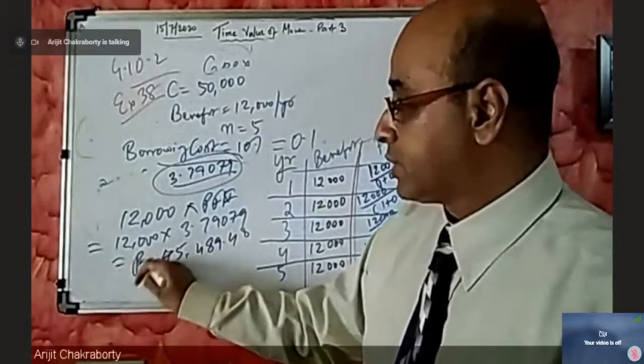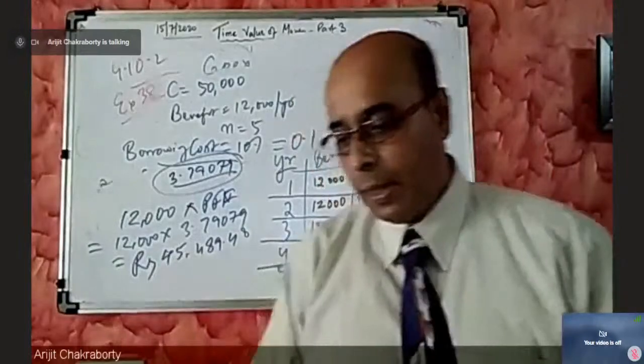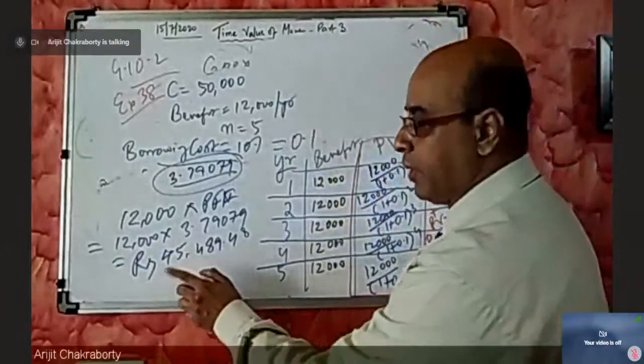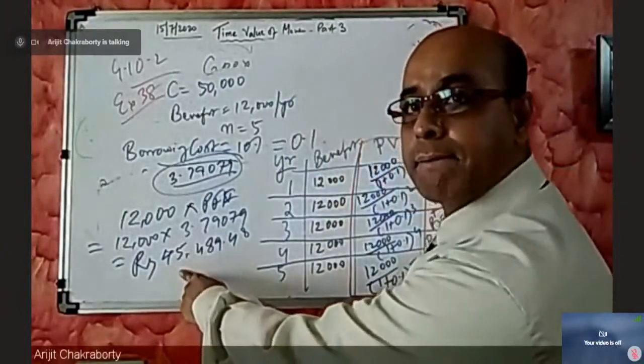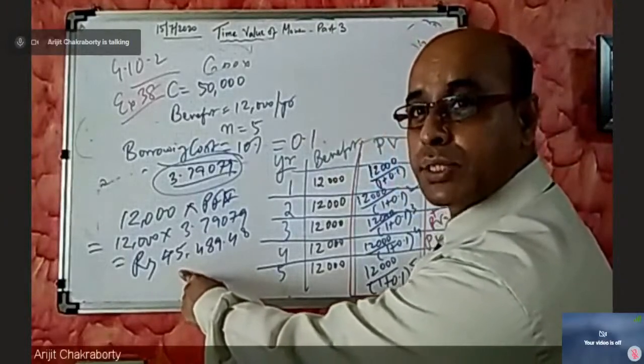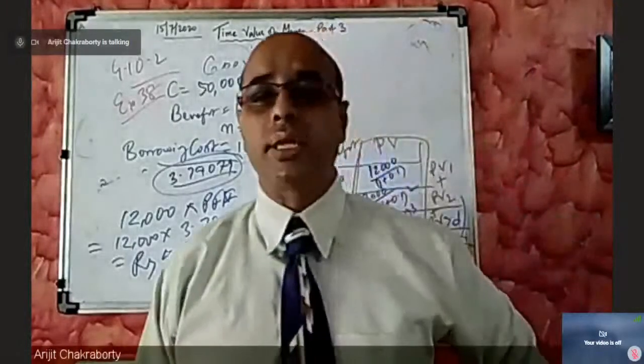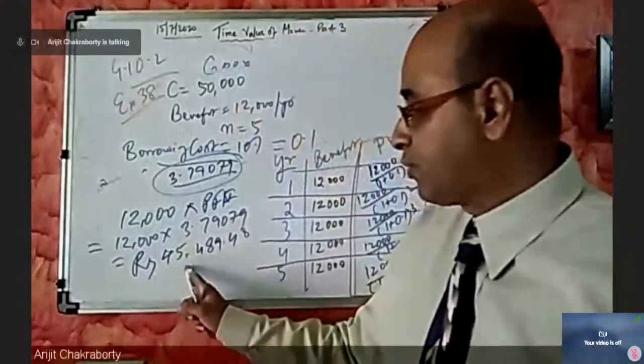Okay, this is the benefit which you are getting. Please note, the present value of the benefits is 45,489.